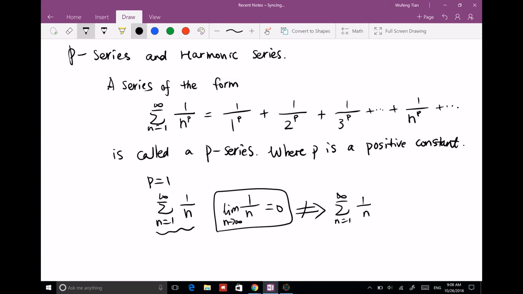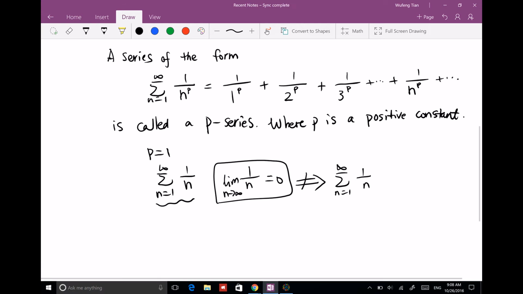Why does this one diverge? I think if we use the integral test. Yes. Very good, Lacey. Yesterday we did exactly the same problem. I just want to know if you understand it or if you still remember it. We used the integral test yesterday.